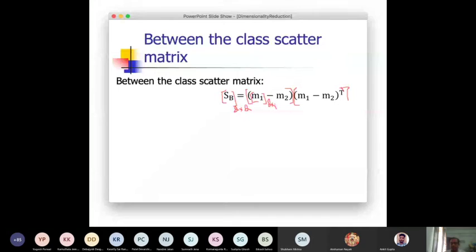If I consider a single data point x, and do x x transpose, that is also a covariance with respect to that data point. Do you understand? The same thing you are doing, but here the observation is the deviation vector between two means, M1 minus M2.